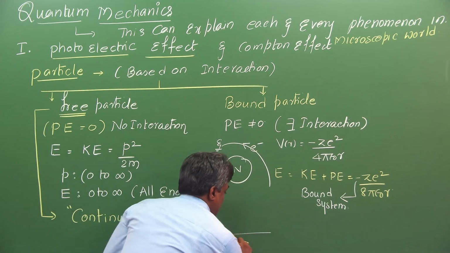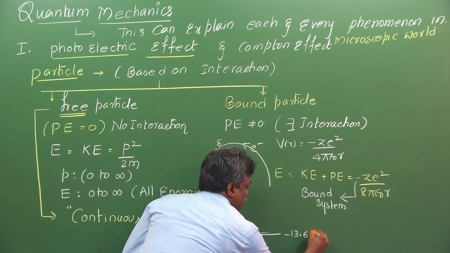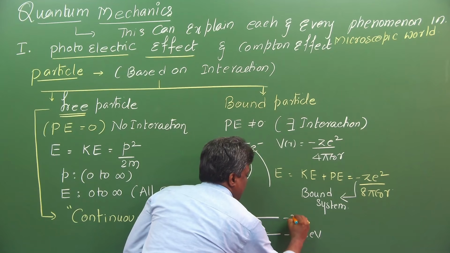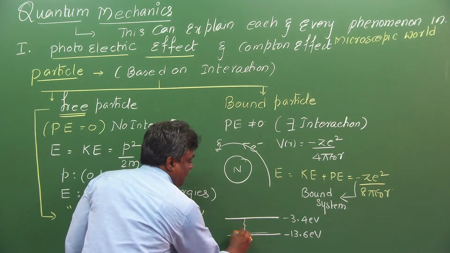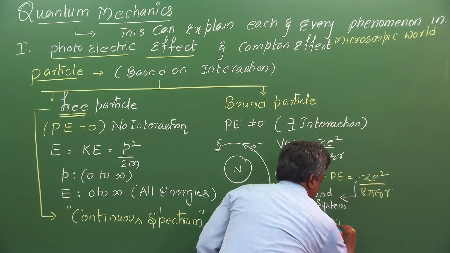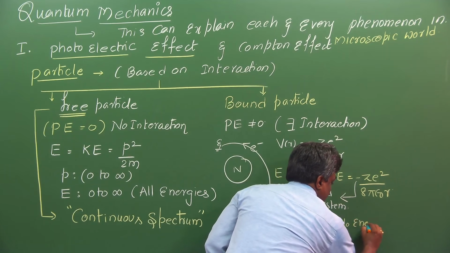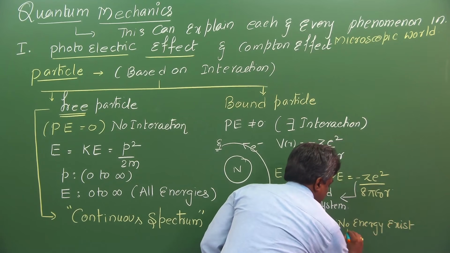And if you see, this is the ground state energy. How much? Minus 13.6 eV. And this one? Do you have any energy between these? No. There exists no energy between them.